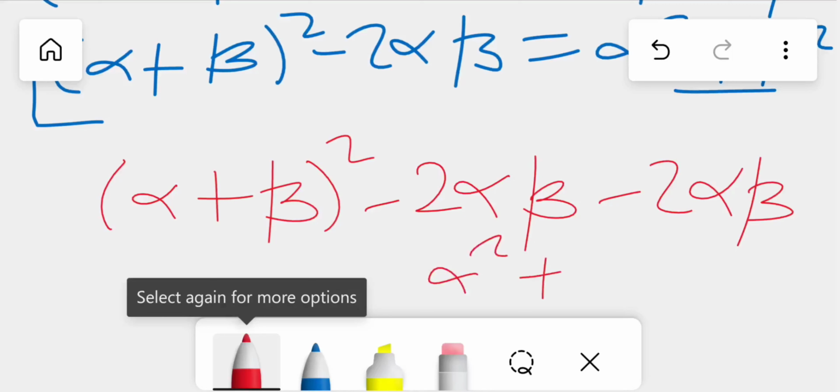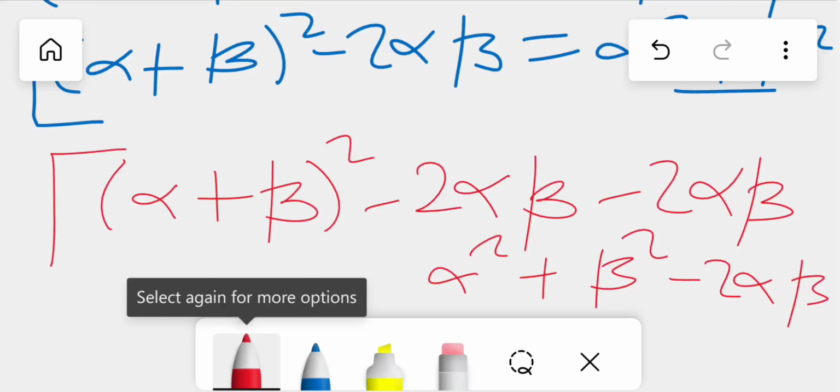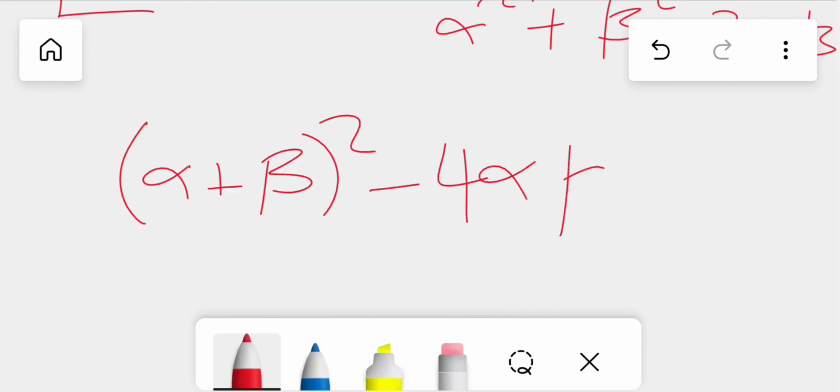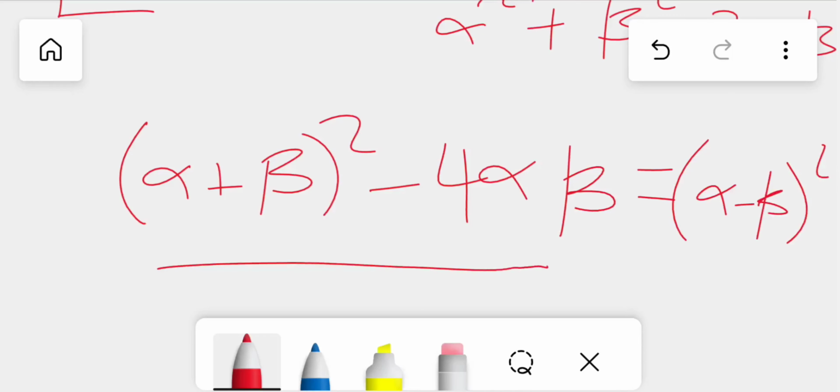Alpha squared plus beta squared, as in our question, has been expressed in this form, so (alpha + beta)² − 4 alpha beta is the same as (alpha − beta)². This is the identity for the expression we've been given above.